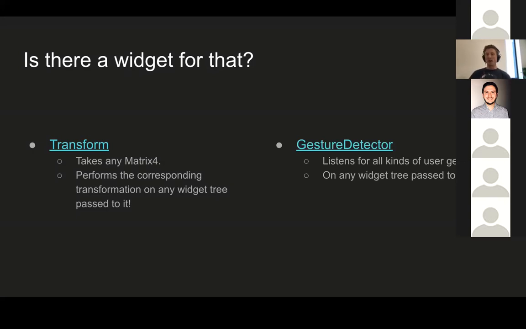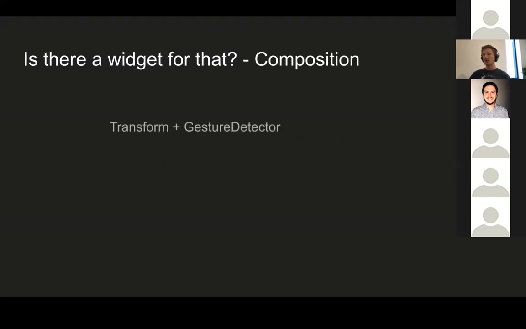But what I really wanted was a combination of the two. I needed to put both of them together and create this ability to pan and zoom and do all that kind of stuff that I had imagined. That got me on the track of Flutter's composition model. As a lot of you probably know, a lot of Flutter's power is based on its ability to compose widgets together.